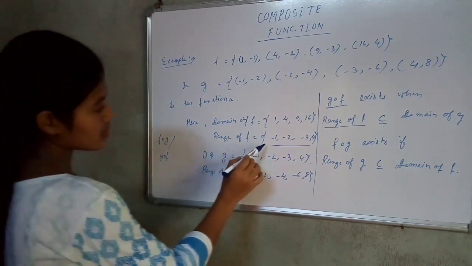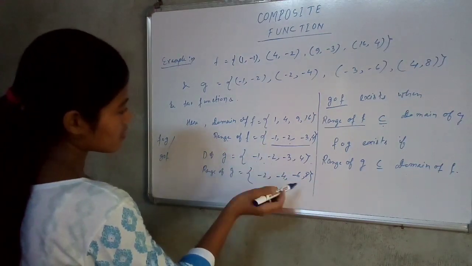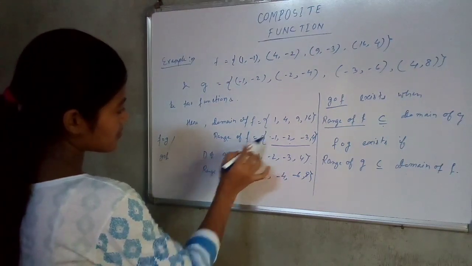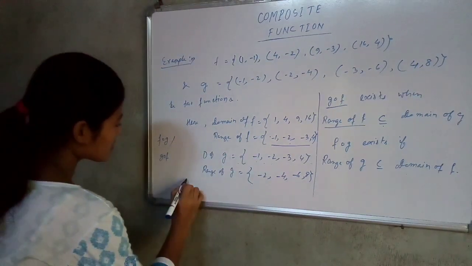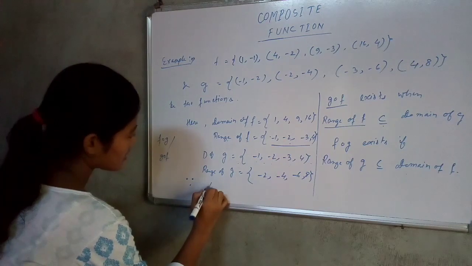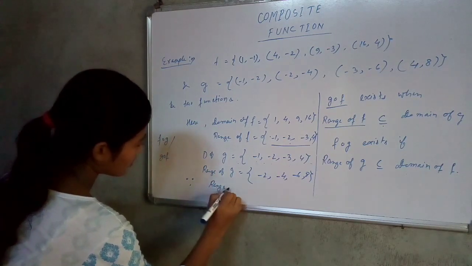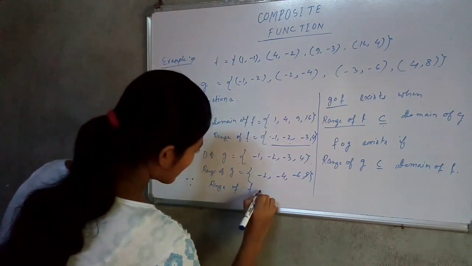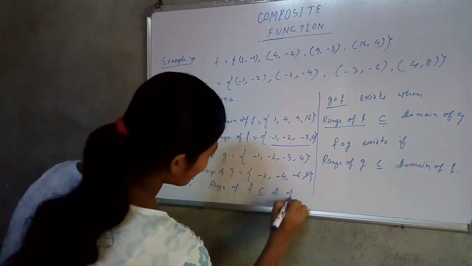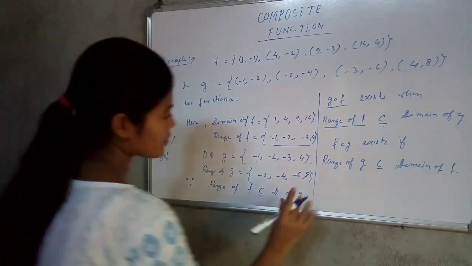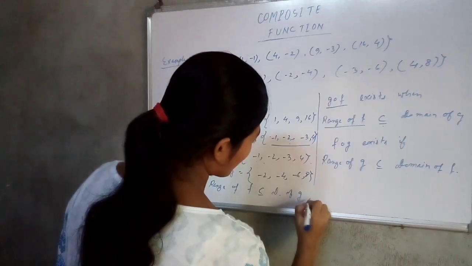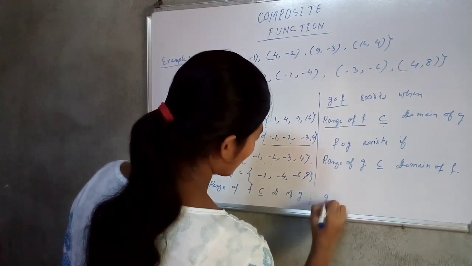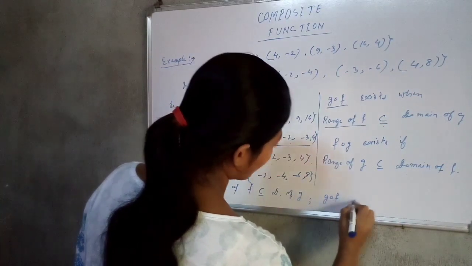We can see this set is equal to this set, so it is a subset. Since the range of F is a subset of the domain of Z, we get that the composite function G naught F exists.